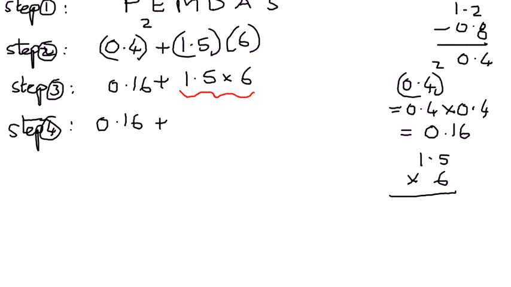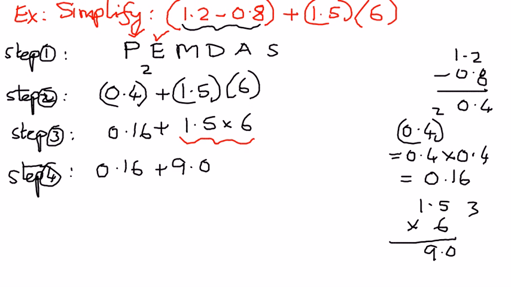We need to multiply that. 6 times 5 is equal to 30, 3 and 0. 6 times 1 is 6, plus 3 is 9, and we place the decimal point right there. So 1.5 times 6 is equal to 9.0. So we've performed the multiplication.